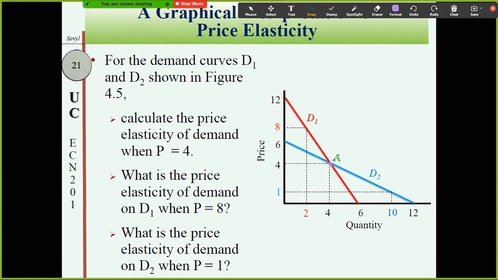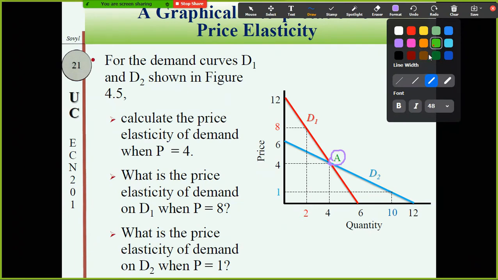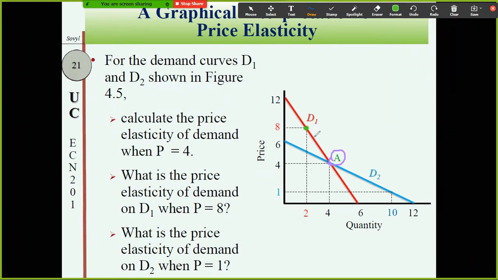P equal to 4 is point A. What is the price elasticity of demand for D1 when the price is 8? This point, you can label any letter, I say M. What is the price elasticity of demand for D2 when P equal to 1? P equal to 1 is this one.